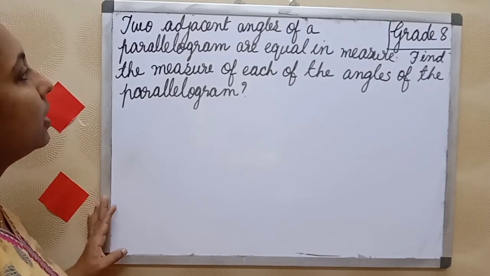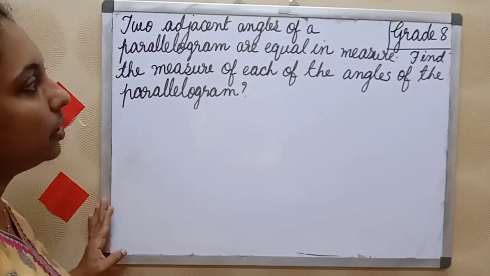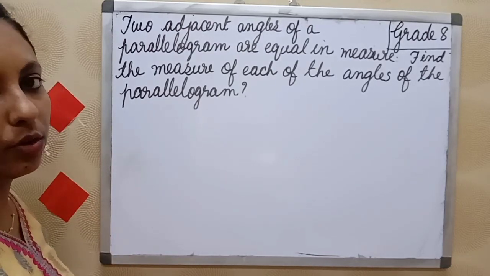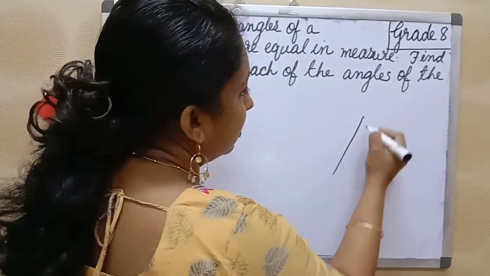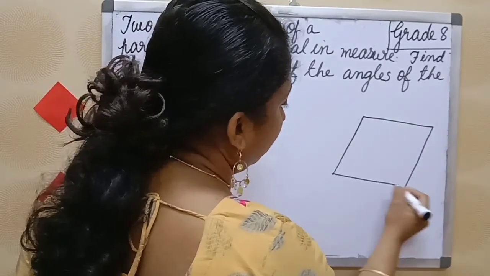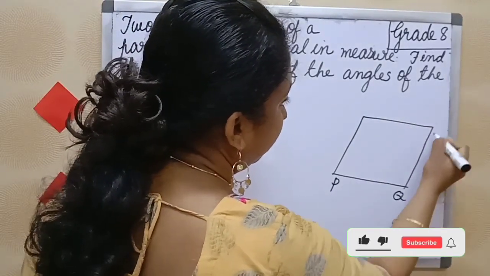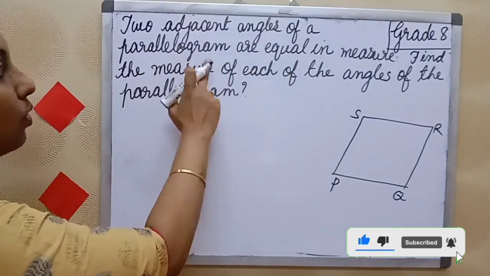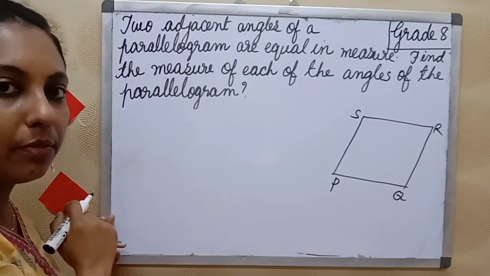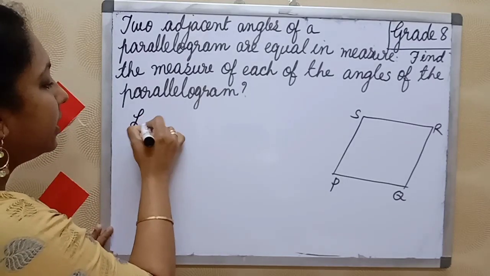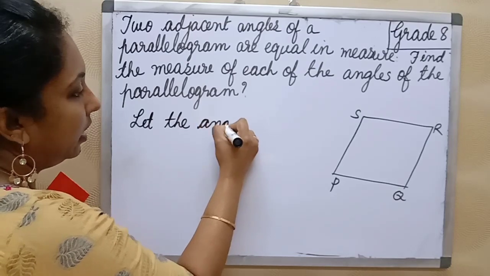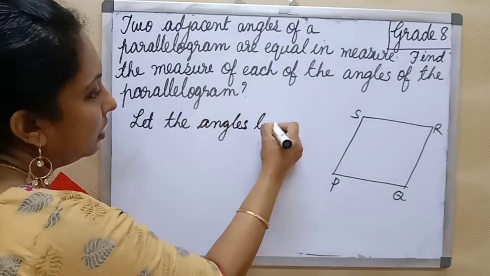Two adjacent angles of a parallelogram are equal in measure. Find the measure of each of the angles of the parallelogram. So parallelogram PQRS. Let the adjacent angles be x.